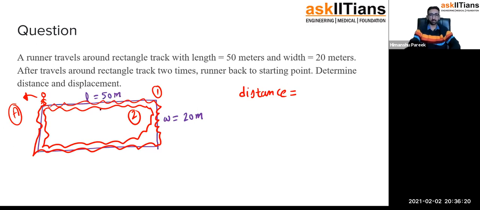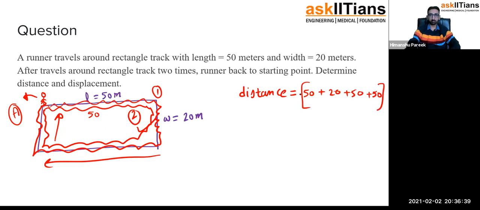So total path length. So 50, then width covered, this distance 50, and then go again 50. Got my point? Right? So whatever you have got, just make double of it.